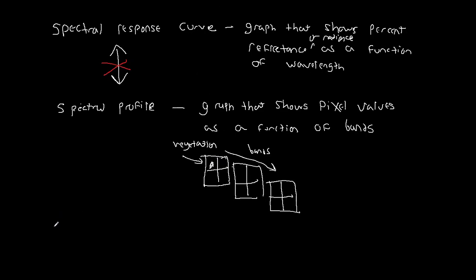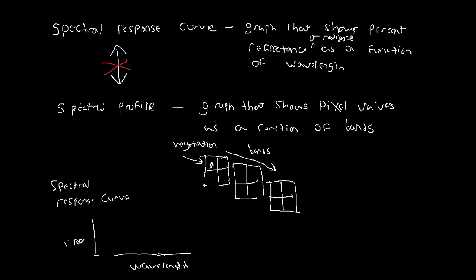When we talk about a spectral response curve, it is going to look like this: we have wavelength on the x-axis, and on the y-axis we have percent reflectance.